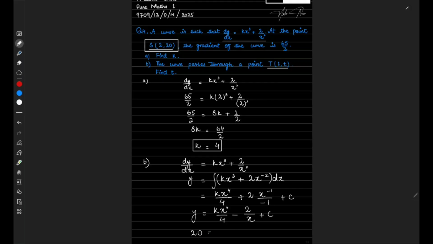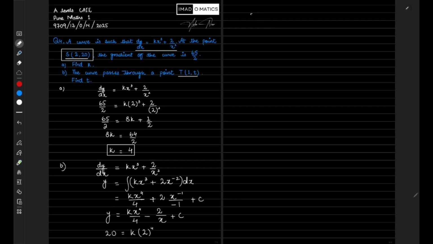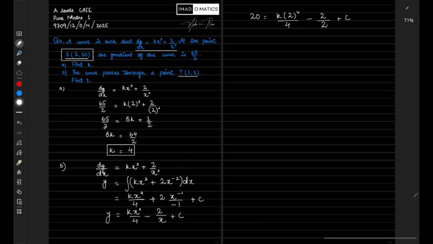So 20 equals k times 2 to the power 4 over 4 minus 2 over 2 plus c. k we already found to be 4, so we can substitute that.